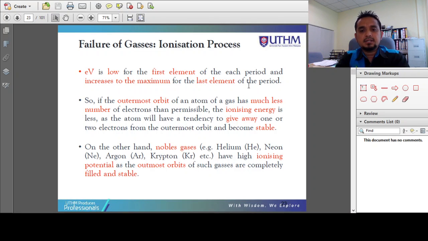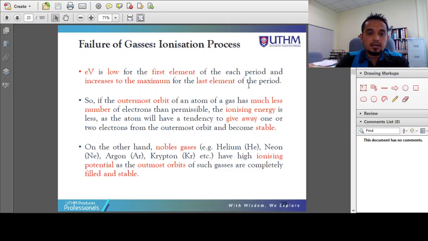The electron volt is low here and high at the last element purely because, as we refer to the periodic table, the first element's outer electron is far away from the nucleus of the molecule.